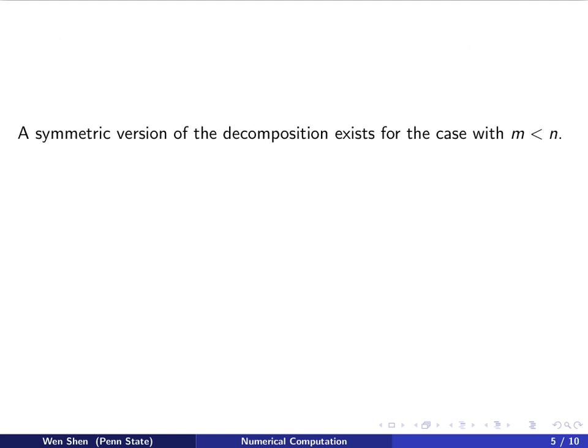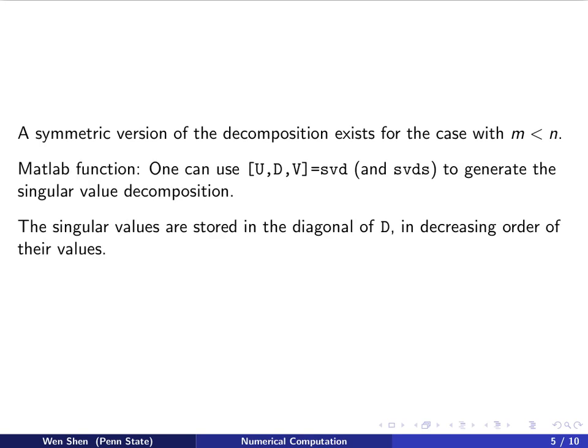We remark that a symmetric version of the decomposition exists for the case where m is less than n. The SVD is available as a Matlab function. For example, you have svd, you send in a matrix and you can receive the three matrices U, D, and V. There is another function called svds, which also gives you the singular value decomposition.